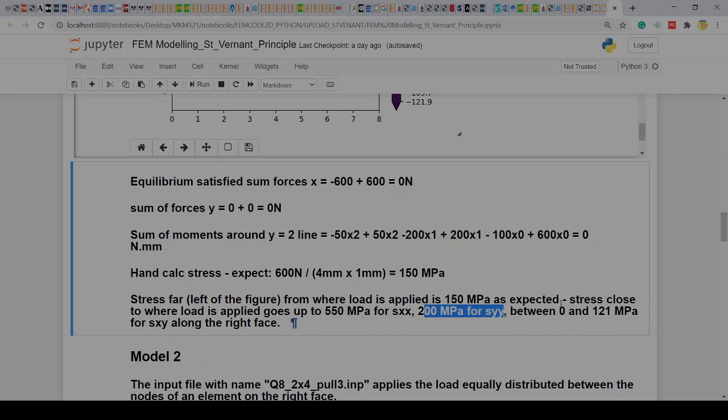Okay, and then shear between 0 and 121. And we know the answer should have been just sigma xx 150, 0 for shear, and 0 for stress in the y direction, sigma yy. So that's important to understand.